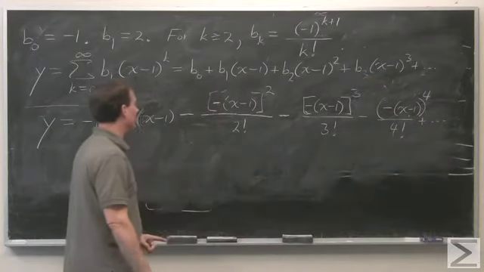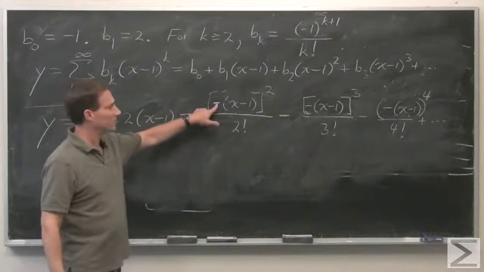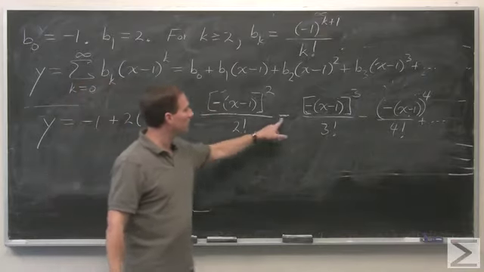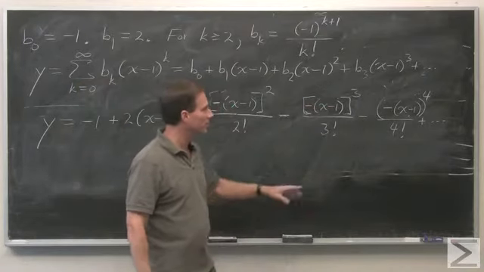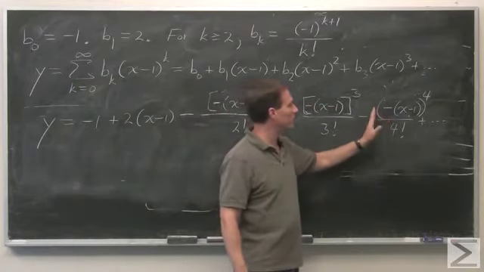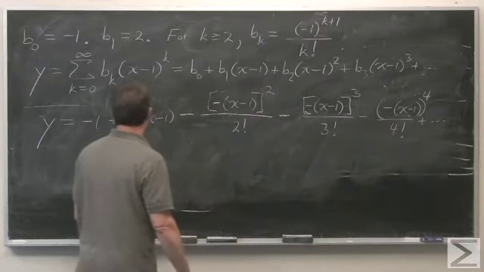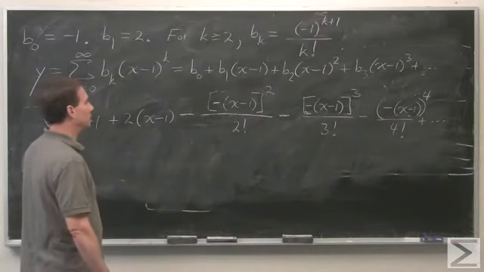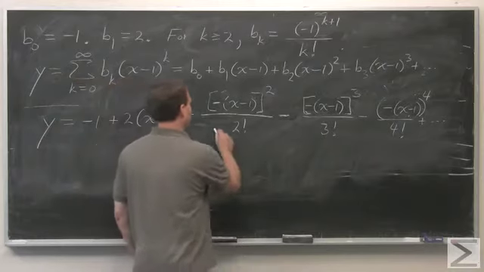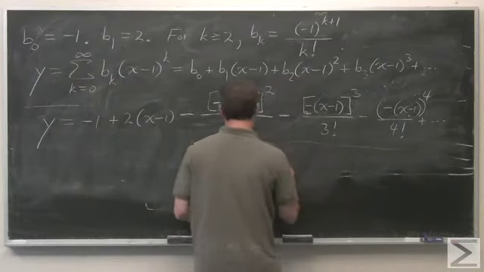And that will make the sign alternate. So minus, but then times a minus squared, it's still minus; minus times a minus cubed, that's still a minus. Minus times a minus to the 4th, still a minus. The next one will be plus.